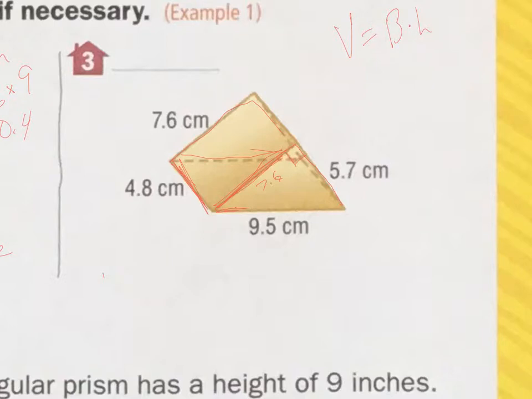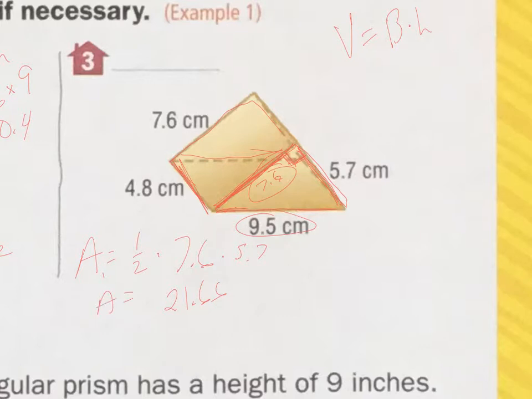Okay. So, this number I don't need, because the height of a triangle must be a right angle. So it's this 7.6. So area equals 1/2 times 7.6 times 5.7. All right, now let's do that. 0.5 times 7.6 times 5.7 equals 21.66.